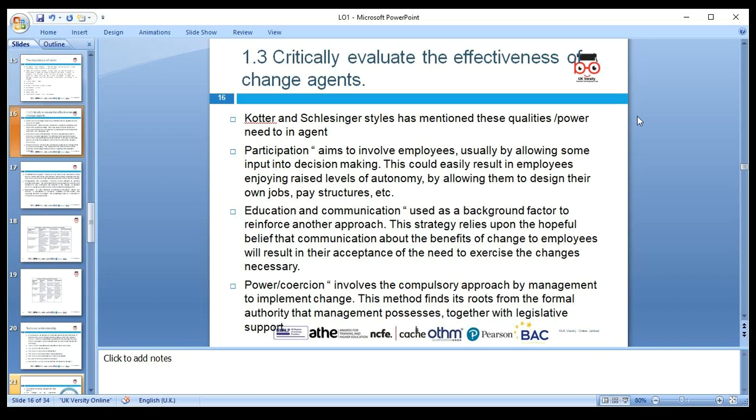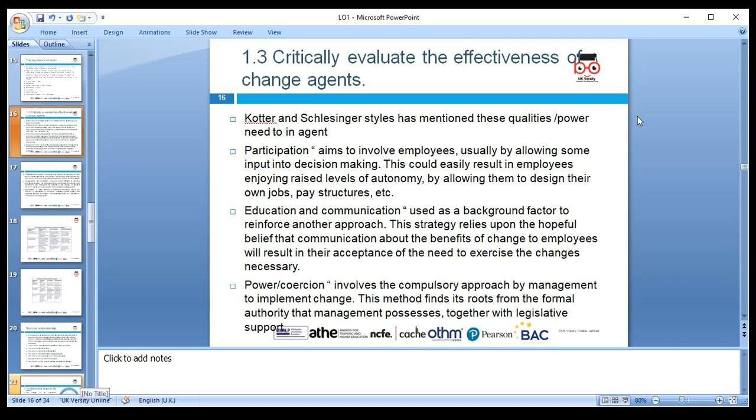According to the quarter one, the great scholar has mentioned these qualities: power, need in agent, participation aims to be involved, implying usually allowing some input. The decision could easily result in the employees enjoying a raised level of autonomy by allowing them to design their own jobs and pay structure.